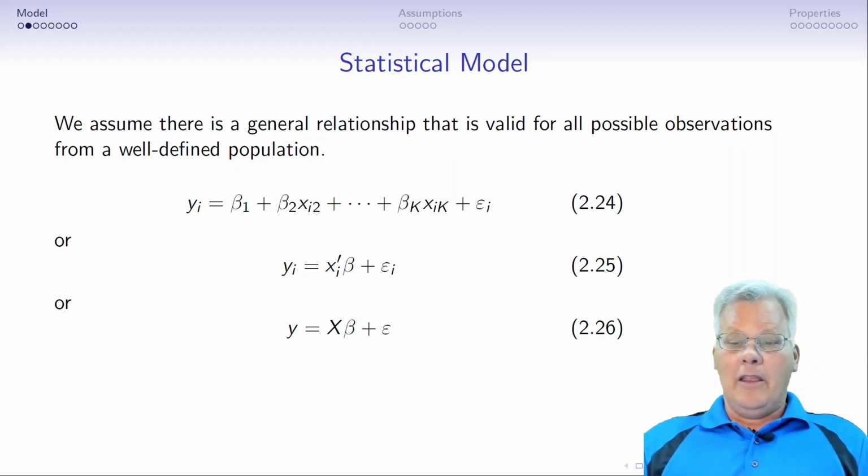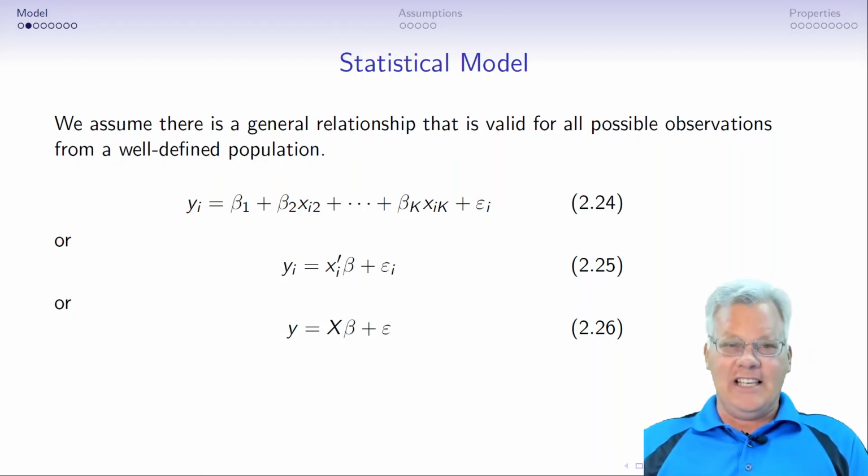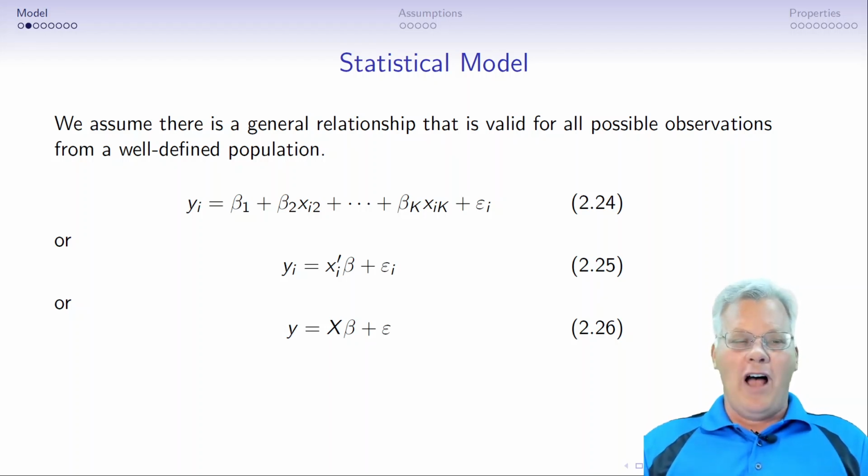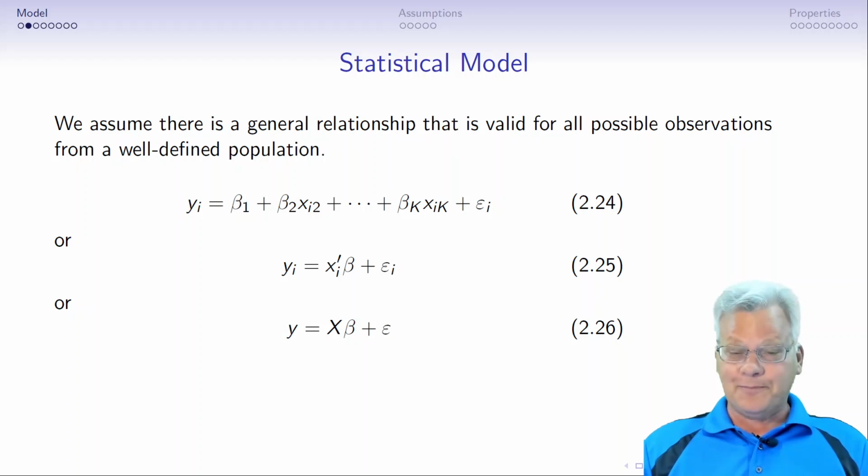Then, if I can take these out of order, 2.26 is the full matrix notation. So here we have y is equal to X beta plus epsilon. 2.25 is this kind of odd hybrid notation that Verbeek uses quite often.